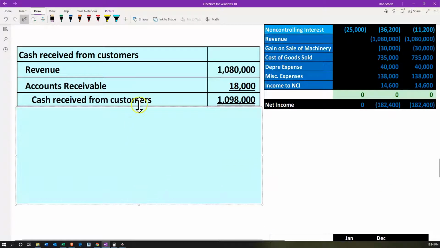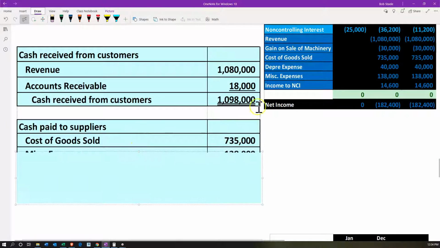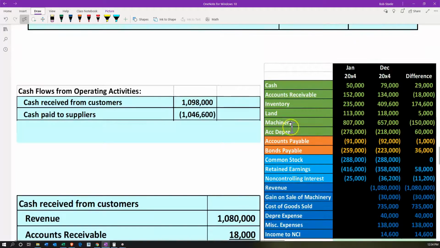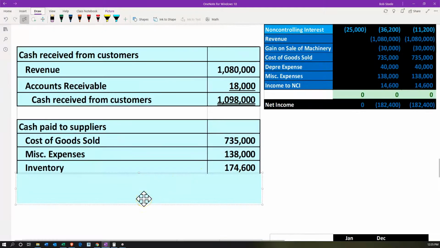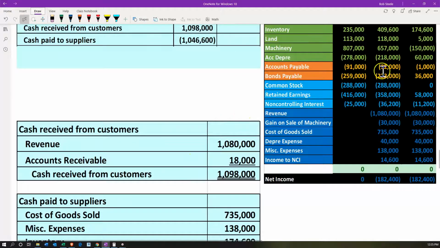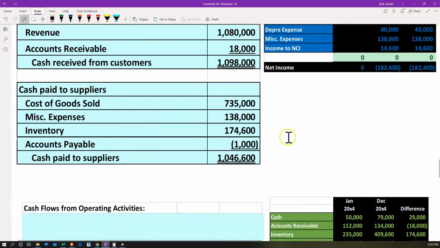I'm going to do a similar little worksheet down below where we're going to take into consideration the cost of goods sold, the 735,000. And we will take into consideration the miscellaneous expenses, the 138,000. Then the inventory up top on the balance sheet, so we have the change in the inventory, and we've got the accounts payable up top, change in the accounts payable, the 1,000.